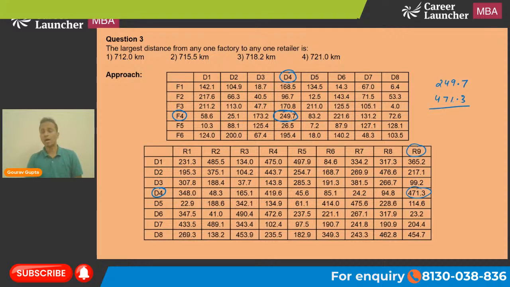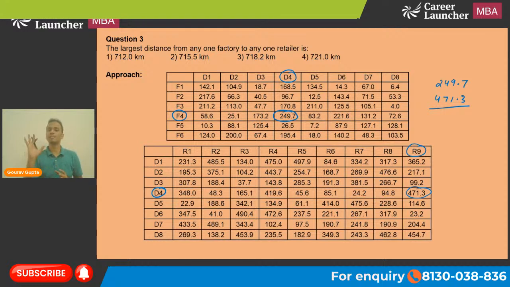Now, how I initiated was I looked for the largest value in table number 1. And then accordingly, I selected, since the largest value in table number 1 was corresponding to F4 to D4. Since I already reached D4, now I have to use the values corresponding to D4 from the second table.